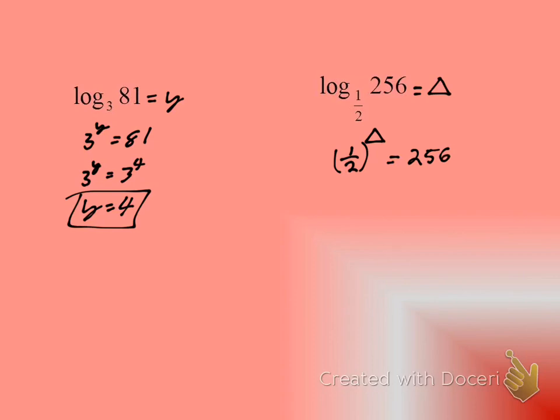What do you do next? You break down. Good. So 2, in my case, to the negative triangle power equals 256. Which means 256 needs to be able to be rewritten as a base of 2, right? So 2 to the negative triangle equals 2 to the what?